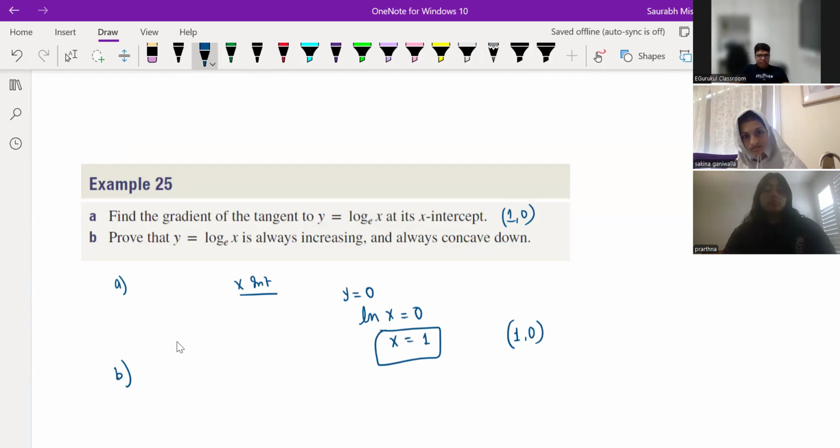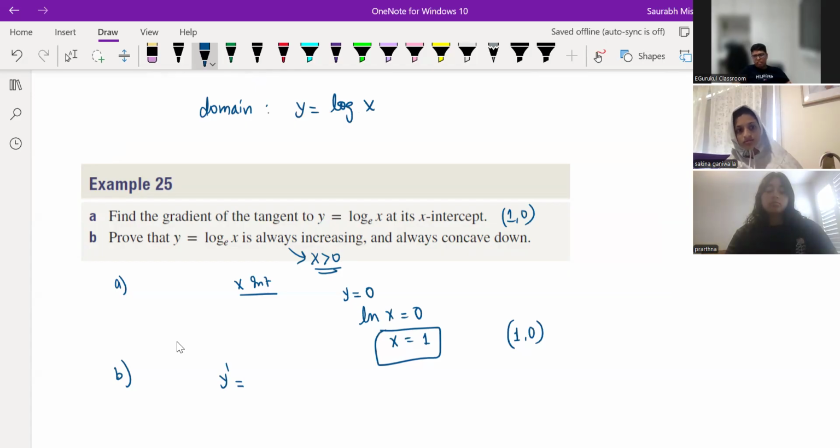You can find y prime. First of all, the domain is x positive. You cannot have x negative or x zero even for log. Domain also I'll write. Domain of y equal to log x, any base positive, it will always be positive, but for any base, x is only greater than 0.